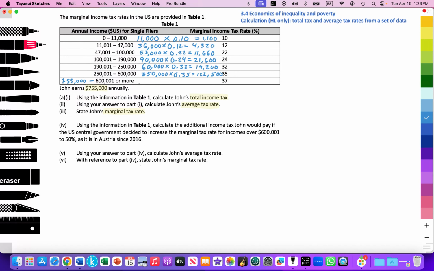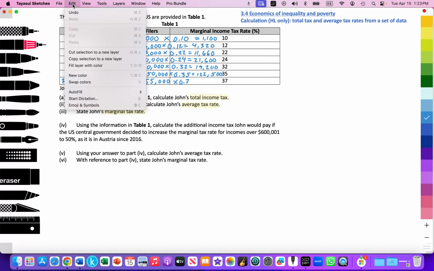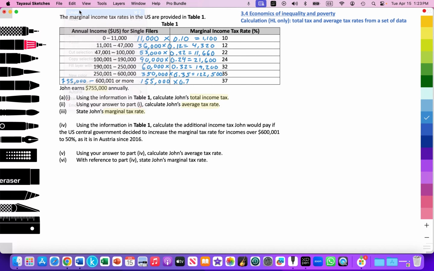So that's going to work out to 155,000 above the $600,000 threshold, multiplied by 37% as a decimal value. And that's going to work out to 57,350.